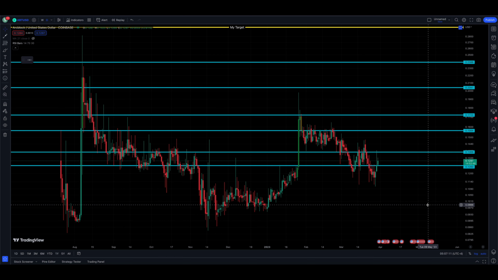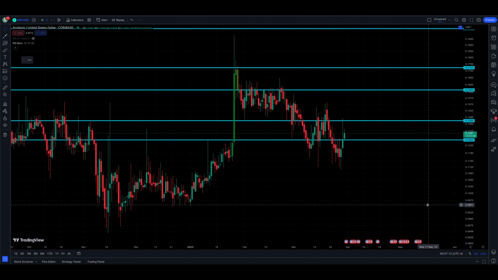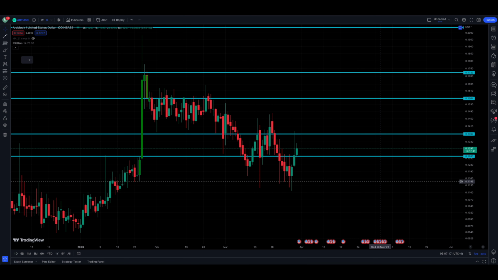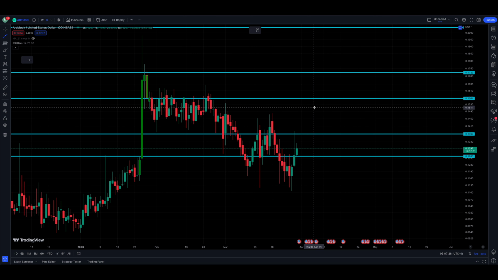So what do we see here for ABT? We have been trading the past 2 days, and I like to use the ping pong analogy, basically bouncing back and forth between two levels. 0.1369 on my chart is current overhead resistance.